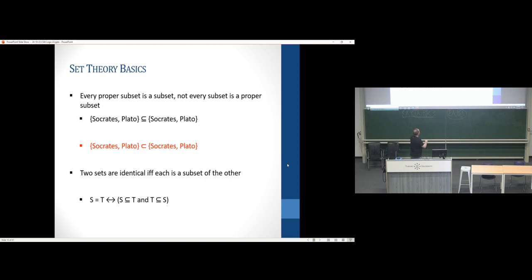And in fact, one thing that's interesting is we can also say that two sets are identical if and only if they're subsets of each other. Because if you have two things that stand in the less than or equal to relation to each other, the only way that could work is if they're equal.